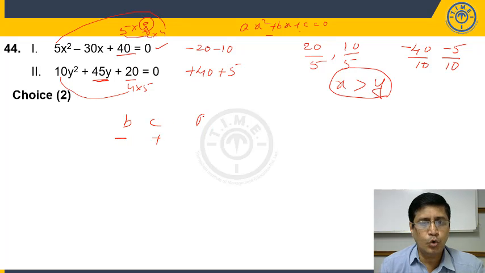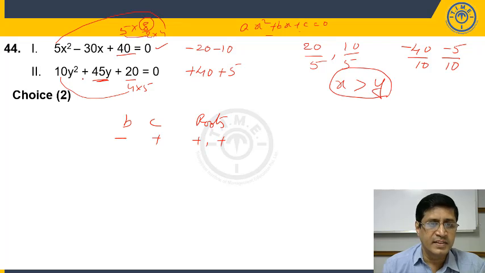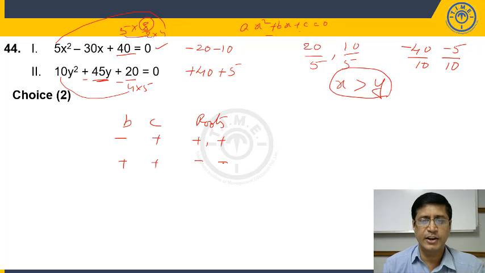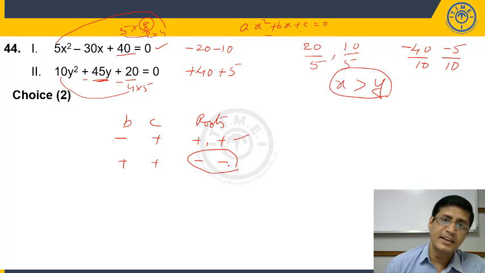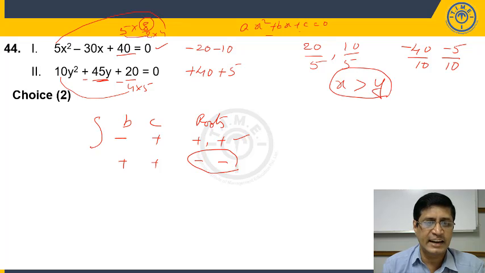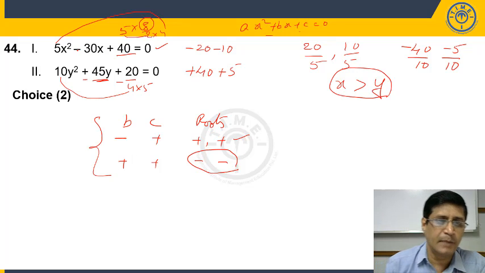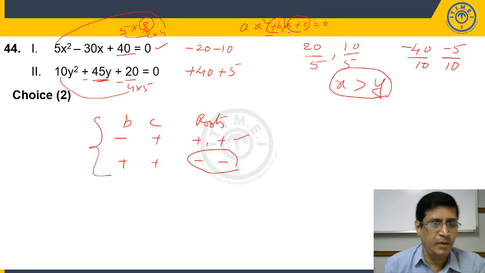The roots of the quadratic equation are both positive only. Whereas when the signs of b and c are positive, the roots are negatives. All the negatives are lesser than the positives. All the positives are greater than the negatives. So we can answer directly by using this logic, just by observing the signs of b and c. The right choice is option number 2.